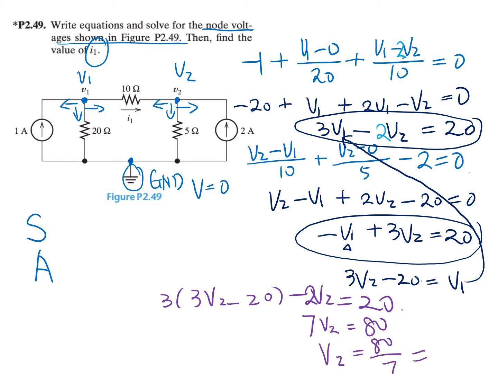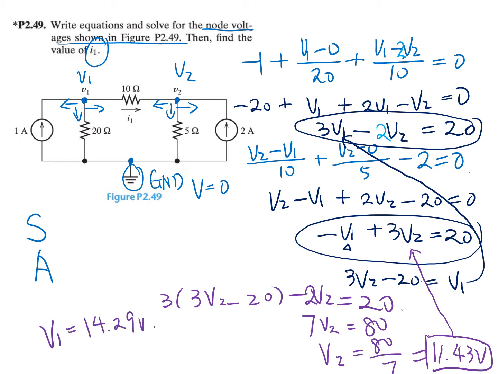So we have V2 is equal to 11.43 volts. And then we substitute in the V2 here, and we can solve that V1 is equal to 14.29 volts.